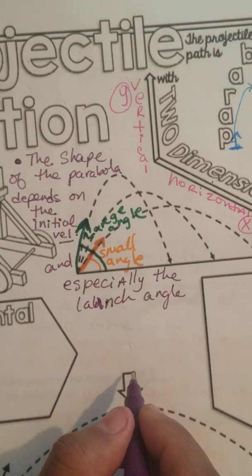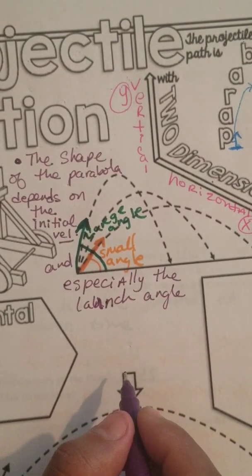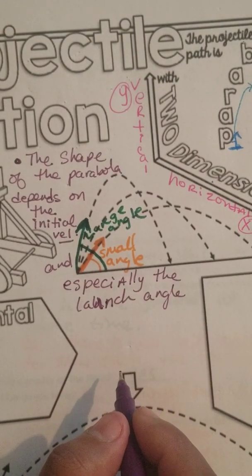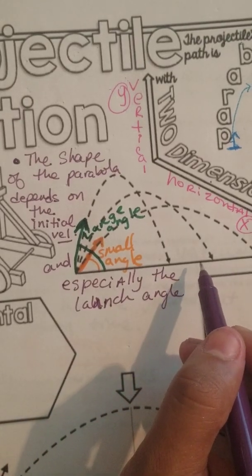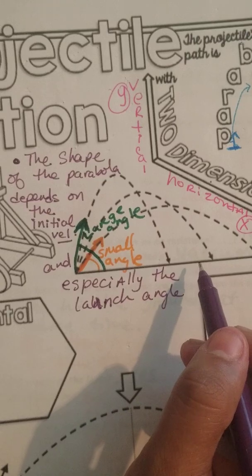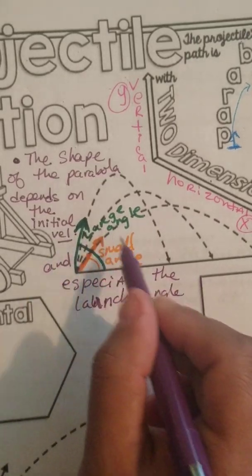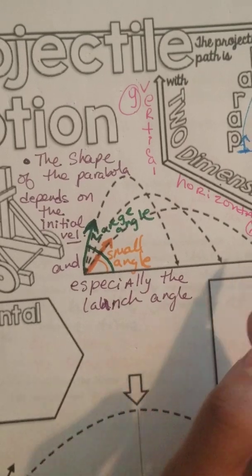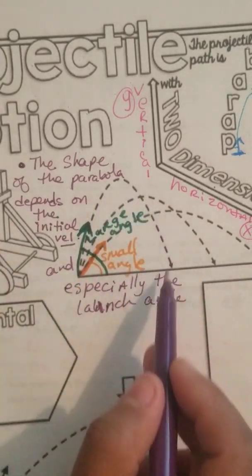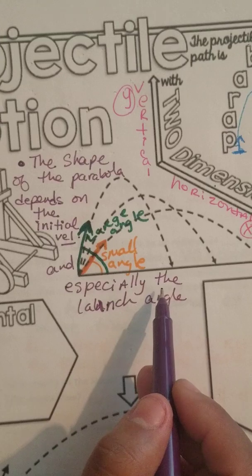Those 2 things are going to determine the path that it's going to take. If you know how fast you can release it, you can adjust that angle to determine where you're going to hit, to get it further out, or higher up and it's going to hit closer.